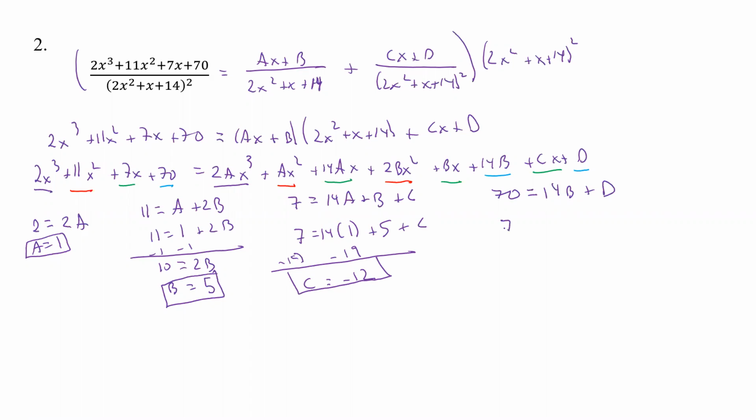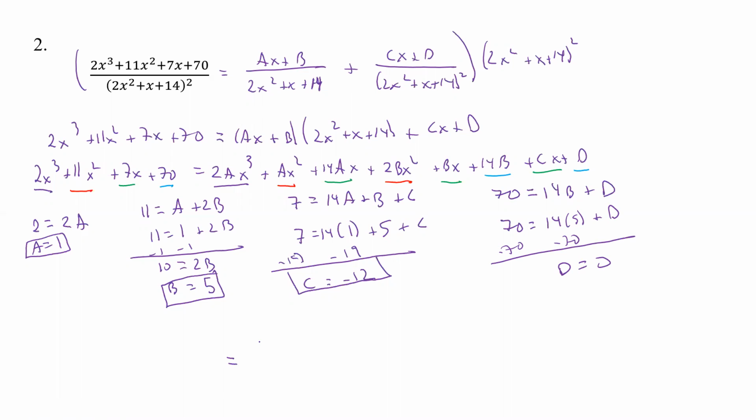And here we have 70 equals 14 times b, which we said was 5, plus d. And 5 times that looks like it's 70, so we subtract 70. And so d is equal to 0. Okay. So now we've got everything, and we just have to plug it back in here.